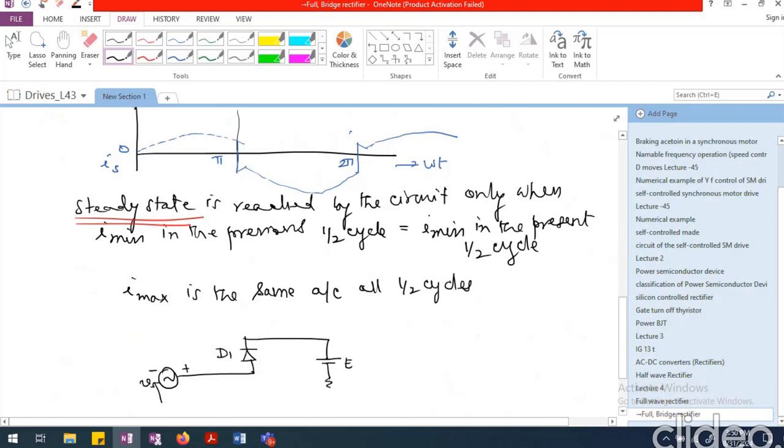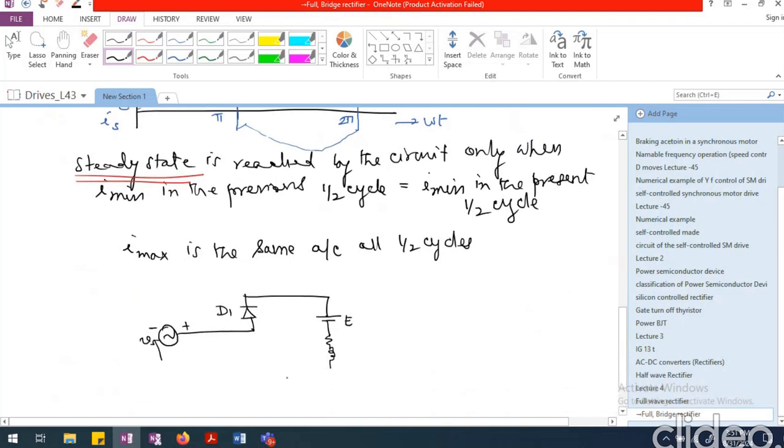And of course, inductance and resistance are there. So the cathode is connected to E, whereas the anode is connected to the source. And we have to check whether these two diodes, so I'm going to have the other diode also, which is D4, and that is going to be connected ultimately to this negative.